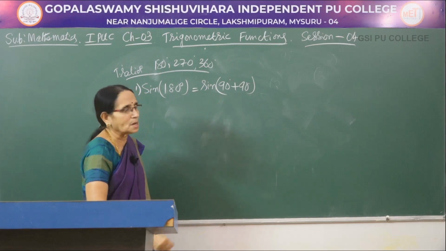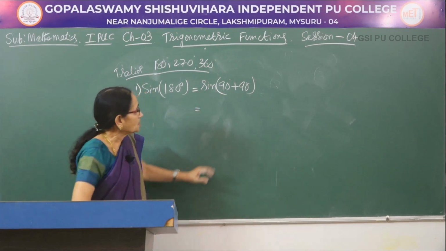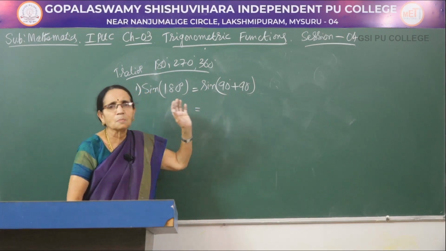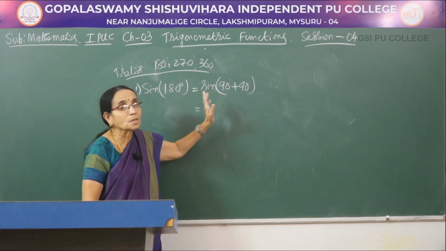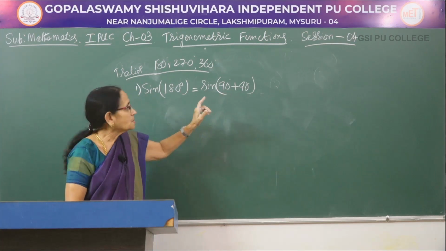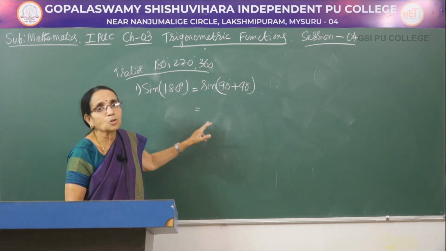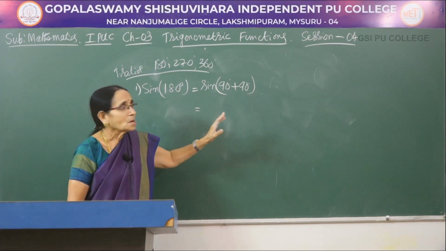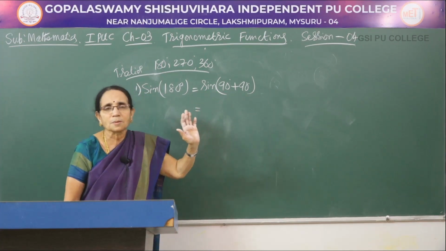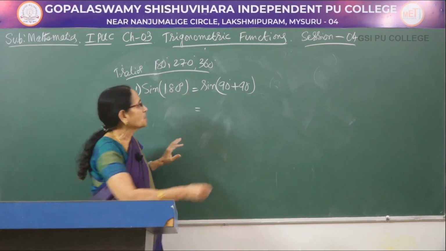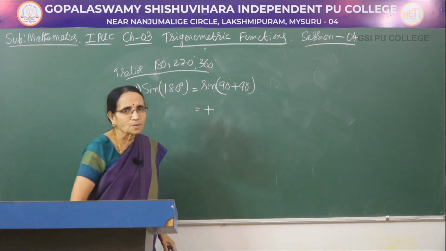Sin of 90 plus 90. Whatever may be the second angle, I have expressed it as 90 plus something. 90 plus something means, irrespective of the value, we are in the second quadrant. In the second quadrant, sin is always positive.